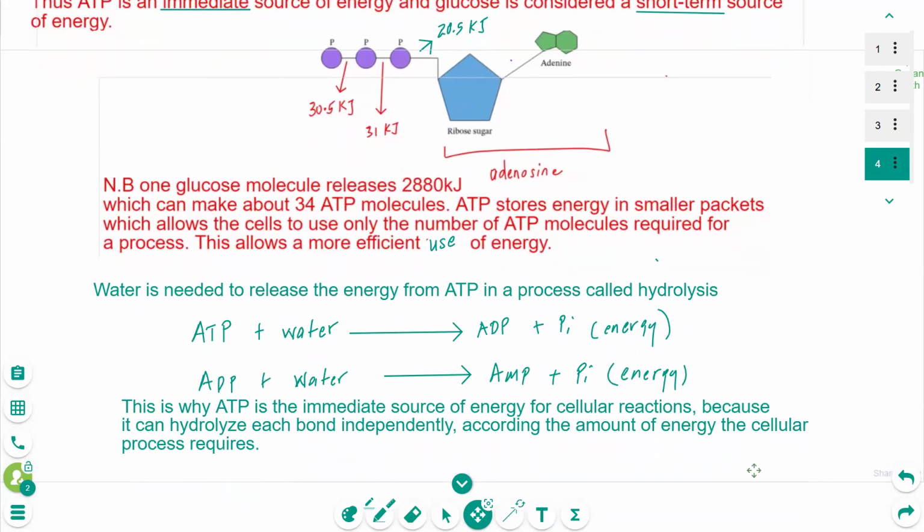We say glucose is the short-term source, but ATP is the immediate source.